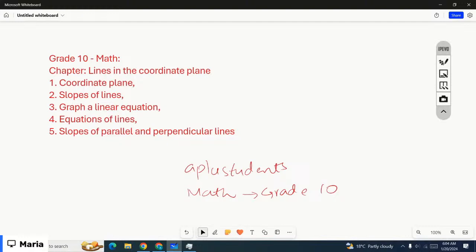So please make sure you have your notebook and pencil so that you can note down the important examples and definitions as well, right? Okay, let's just start with the first lesson, that is coordinate plane.